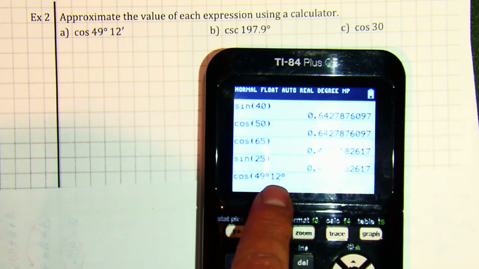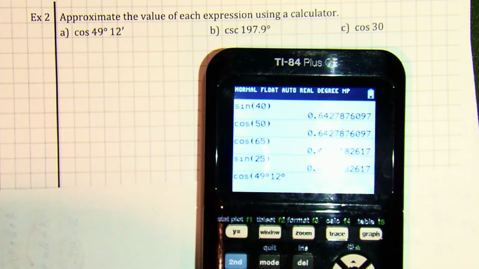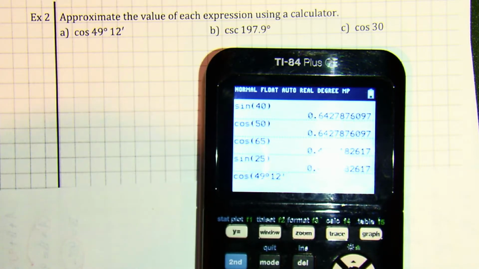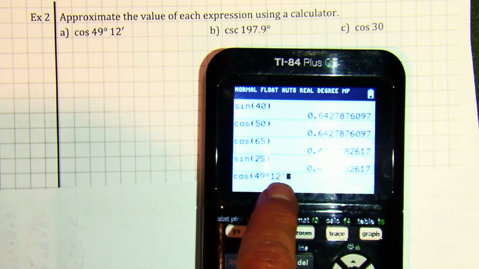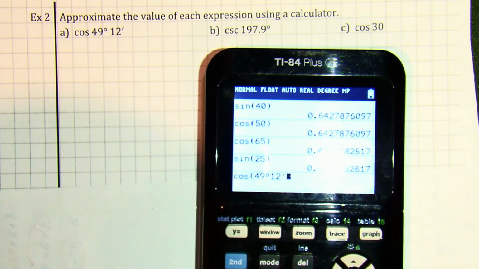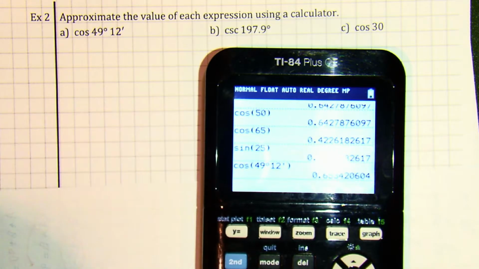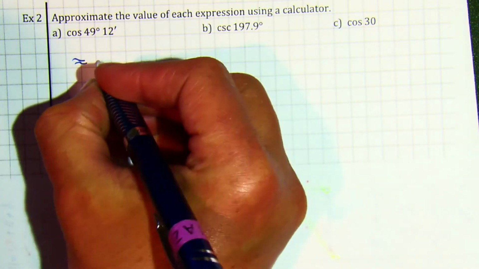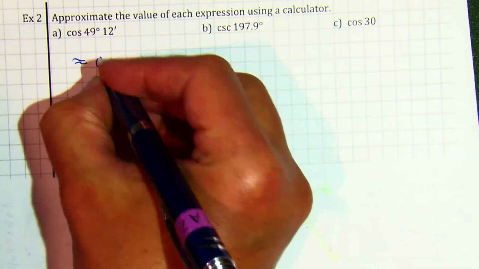Notice that it gives you the symbol. Even though, did I select the wrong one? Let's see. Yeah, I did select the wrong one. On your Casio, if you're using a Casio, it actually will show us a degree, but it knows that it's a minute. So therefore, this is approximately, I just need two decimal places, 0.65.